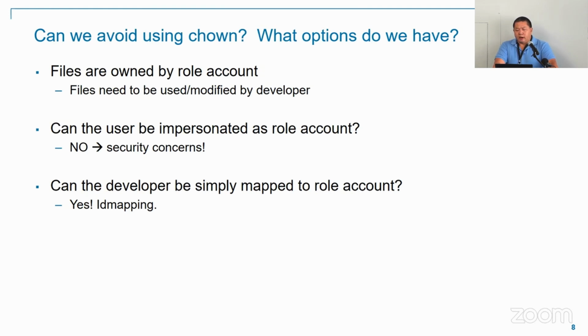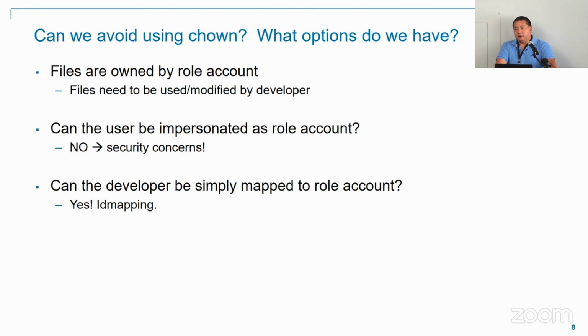So we have been asking this question many times. Why do we have to do this chown? Is there any possibility we can just not do this chown? So the first thing we think about is, can we impersonate the root account ID? No. Impersonate the developer ID as the root account ID.